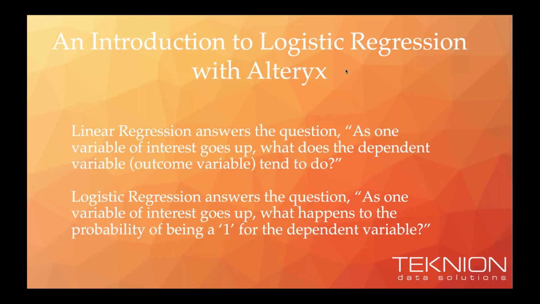And so the question that we're answering here is a little bit different because we're actually looking at probabilities. In this case, we're answering the question: as one variable of interest goes up, meaning your independent variables or your predictor variables, what happens to the probability of being a "1" for the dependent variable?